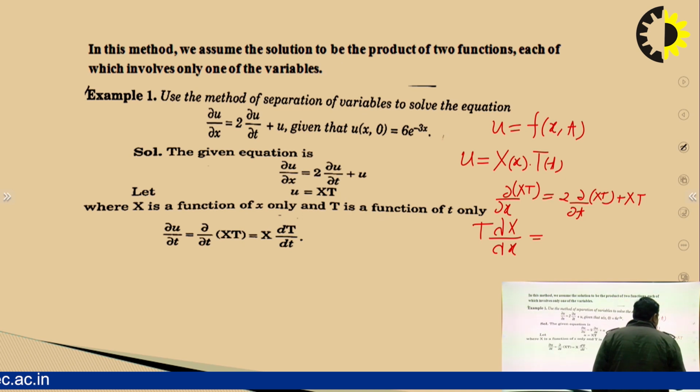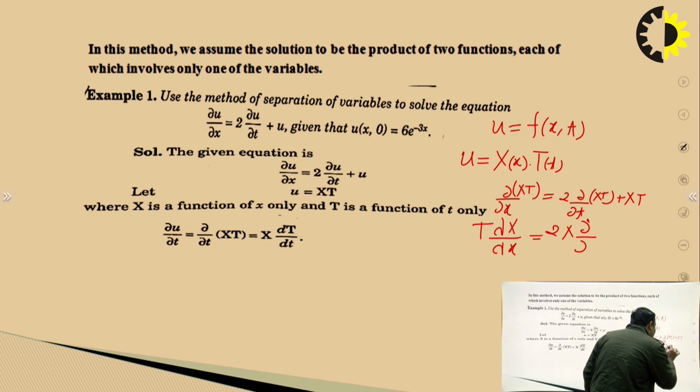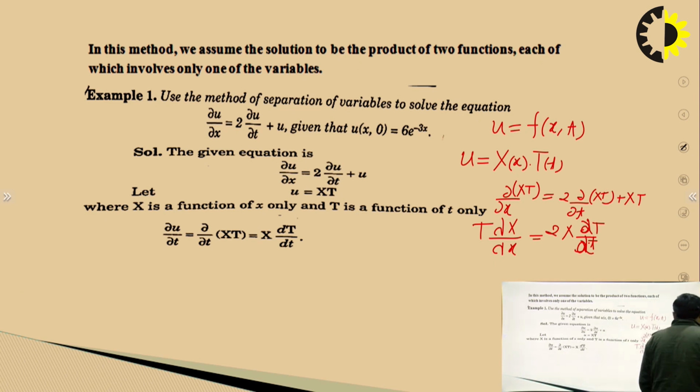On the right hand side, capital X is a function of small x and capital T is a function of small t, and the derivative is with respect to small t, meaning capital X is a constant and is taken outside, and the equation is 2X dT upon dt plus XT.